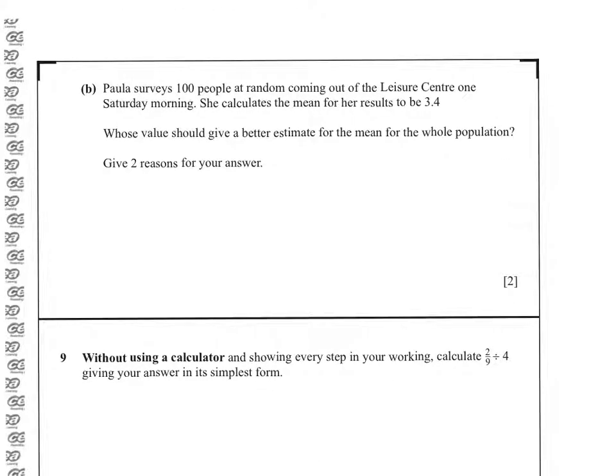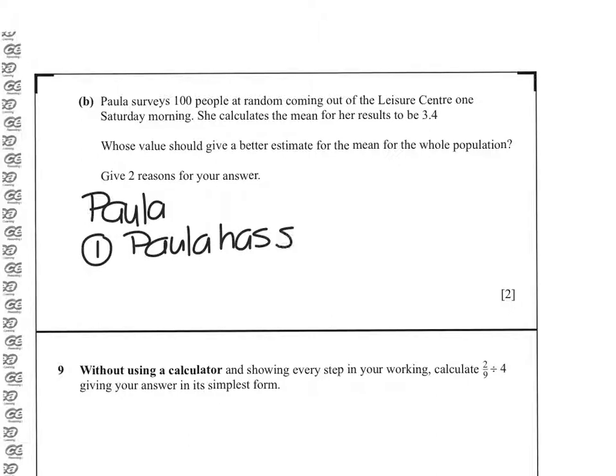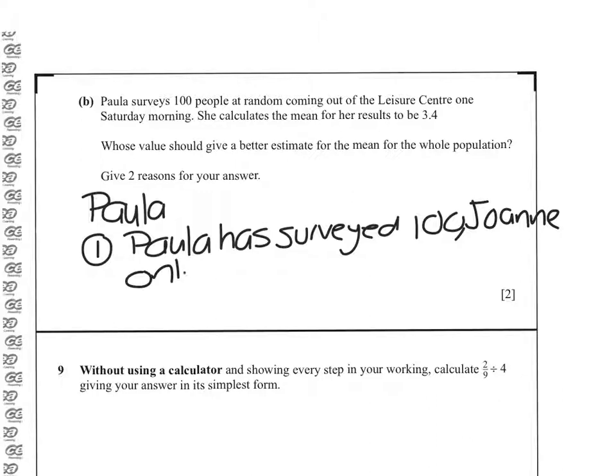Okay, whose value should give a better estimate? Well, Paula's is going to give a better estimate. The first reason why is Paula has surveyed a greater number of people, with 100, Joanne only 28.